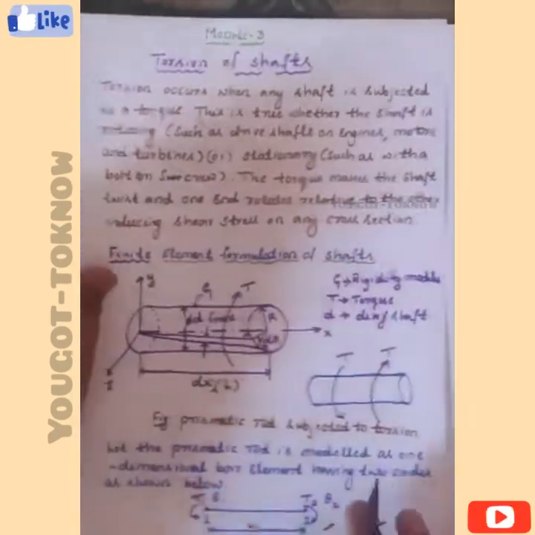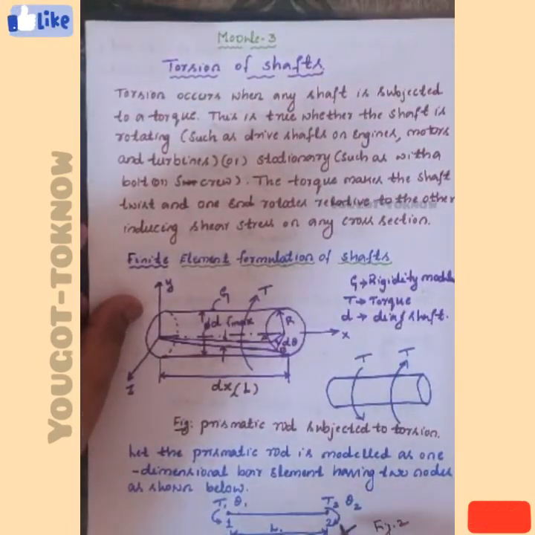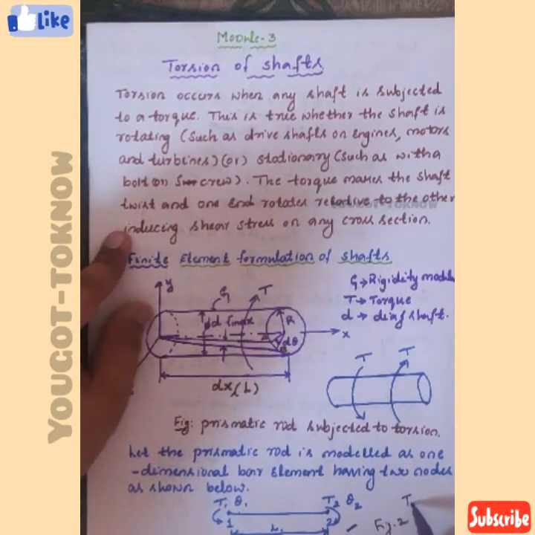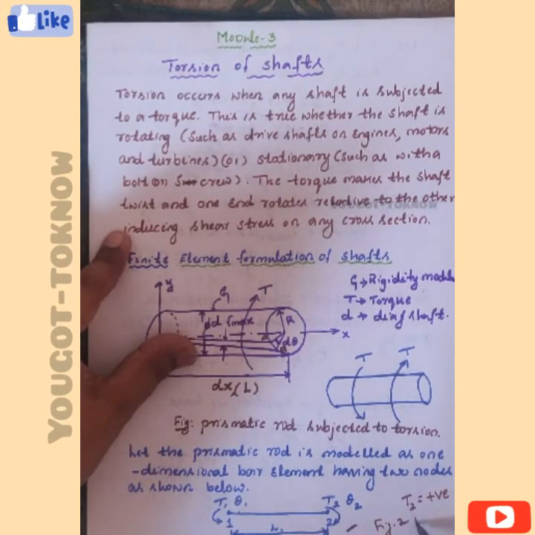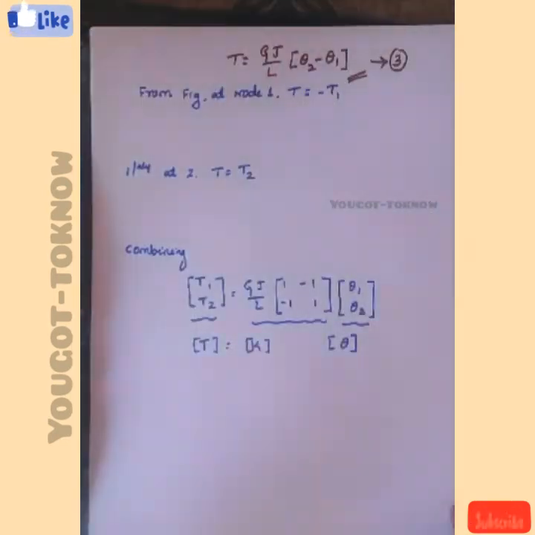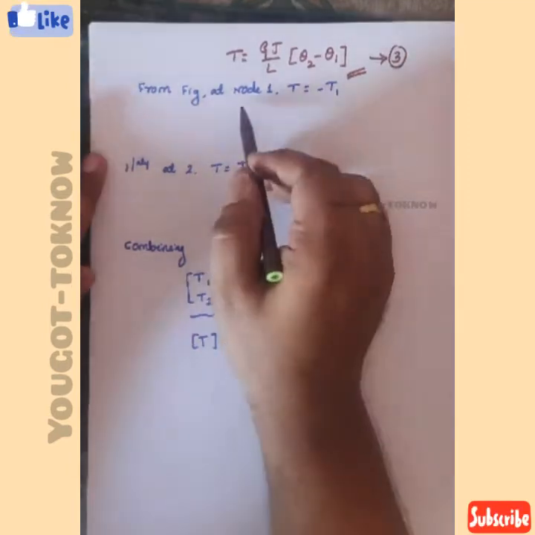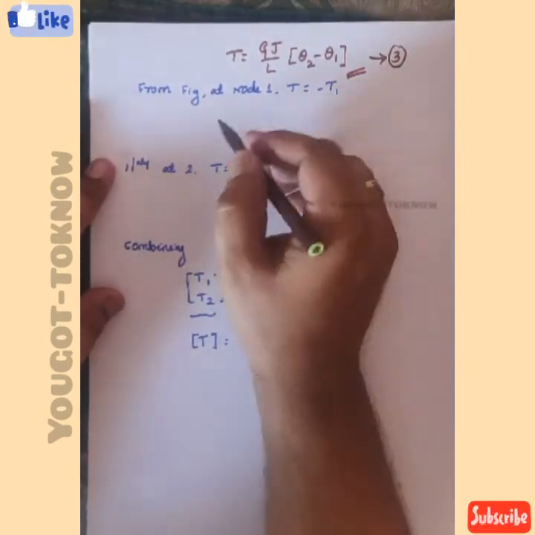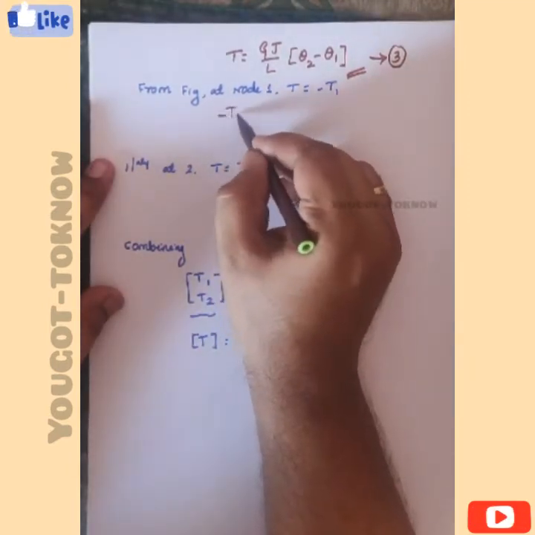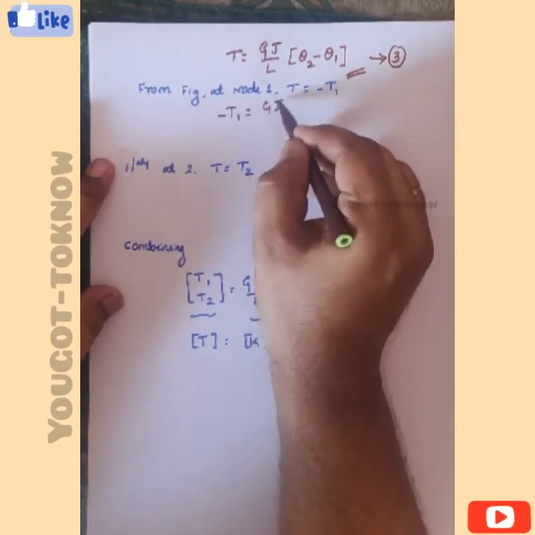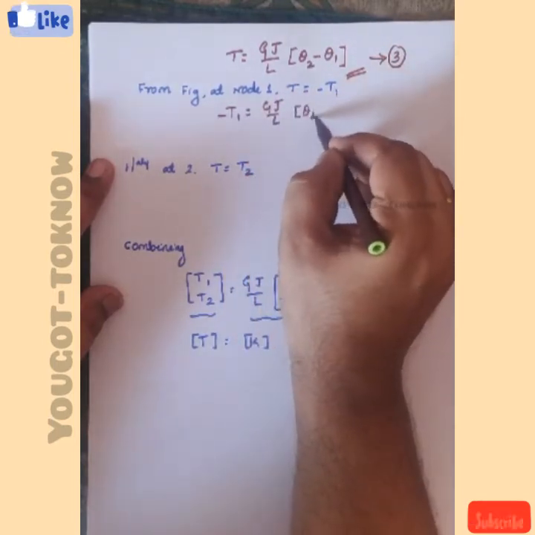From figure 2, if you observe T1 and T2, I am taking T2 as positive, that is in the clockwise direction, and T1 is negative. Now, from this condition, from the figure at node 1, T is equal to minus T1. If T equals minus T1, then minus T1 is equal to GJ by L into theta 2 minus theta 1.